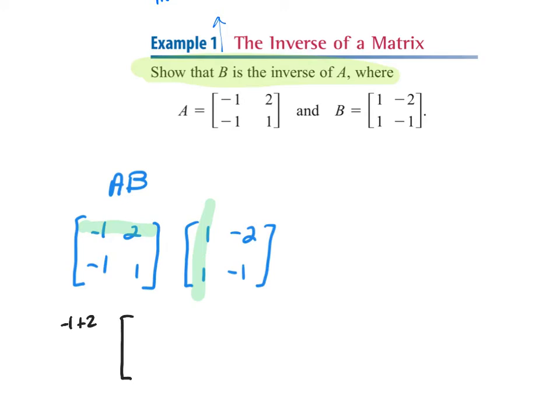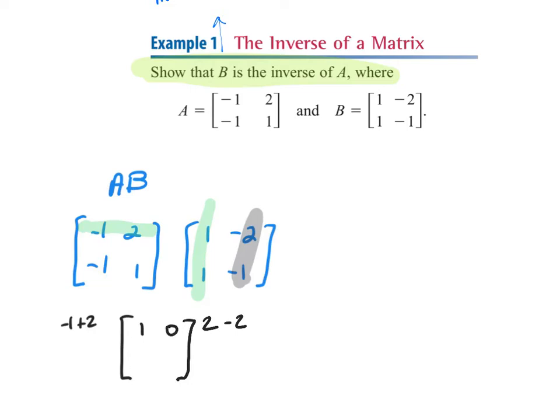What's negative 1 plus 2? 1. So now I'm going to go first row, second column. So it's negative 1 times negative 2, 2. And then 2 times negative 1, negative 2. So 2 minus 2 is 0.